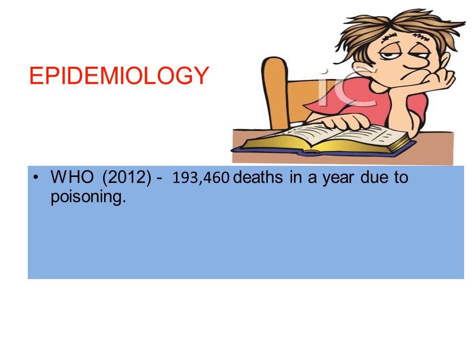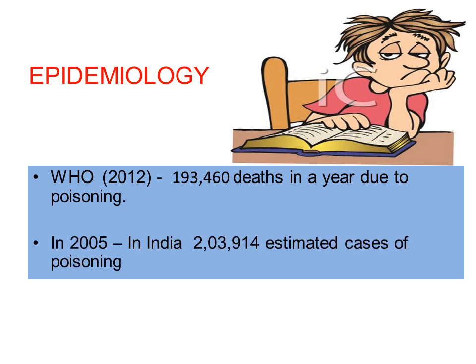So you can jolly well imagine the total number of cases, apart from deaths, that is accountable for this disease, you can say. In 2005, we have an Indian data where it states that there were near about 2,03,914 estimated cases of poisoning. So you can just understand the burden of disease. We see that in India it is the estimated cases of poisoning and not the deaths that WHO had reported in 2012.